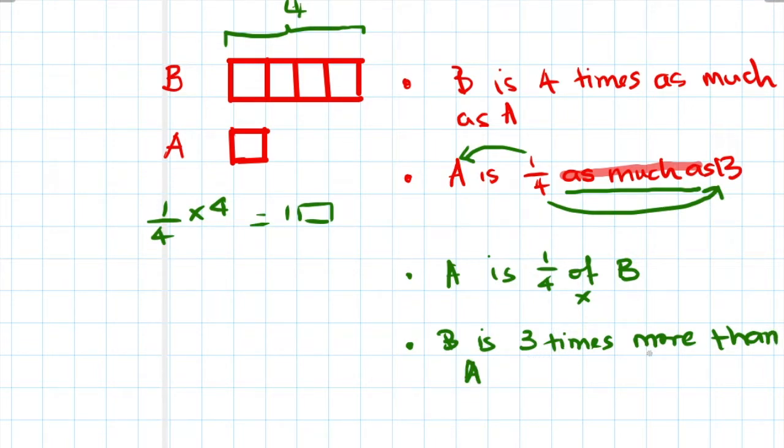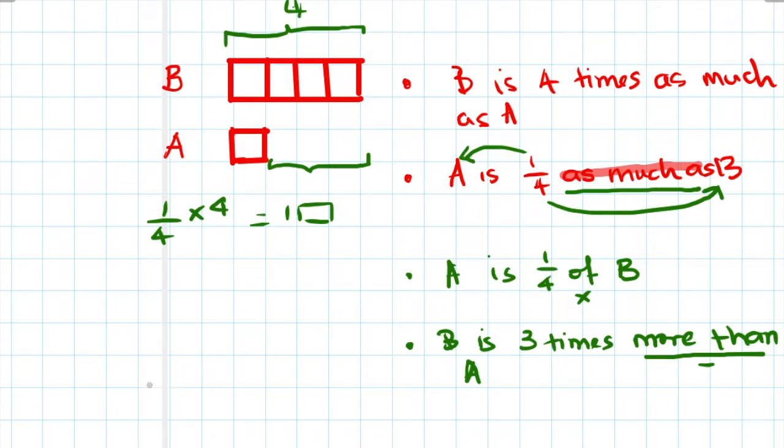This now I say is "3 times more than". This is "as much as". When I say "more than", it is this portion here. Is it 3 cubes more than? So this is sometimes how they phrase it that causes all the confusion.